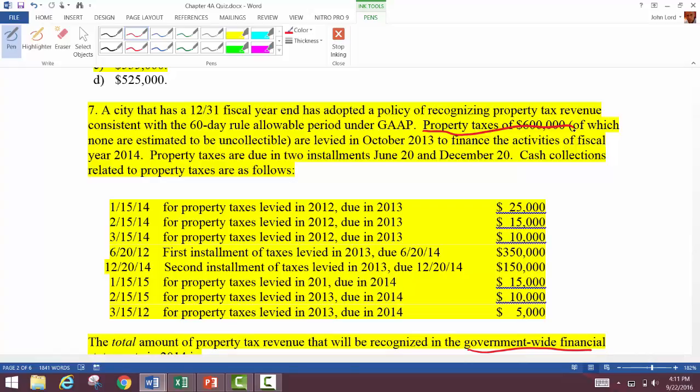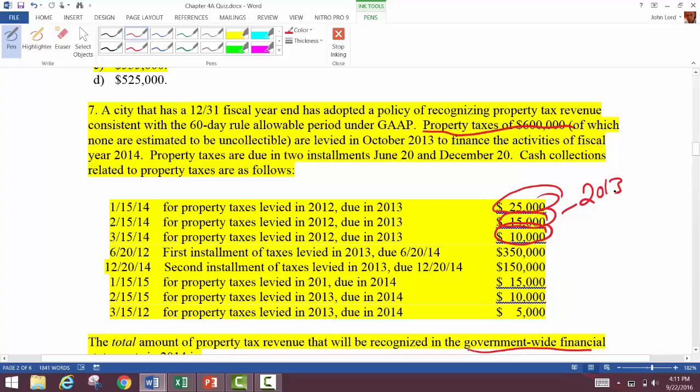So whatever you levied in 2013, if use can begin in 2014, that's revenue of 2014, right? And we don't worry about the 60 days, right? And these first couple amounts, these first three, in fact, were all what? All under full accrual would have been 2013 money, right?